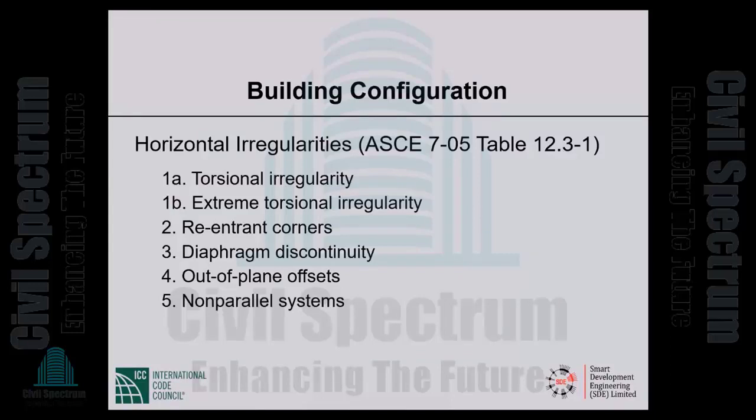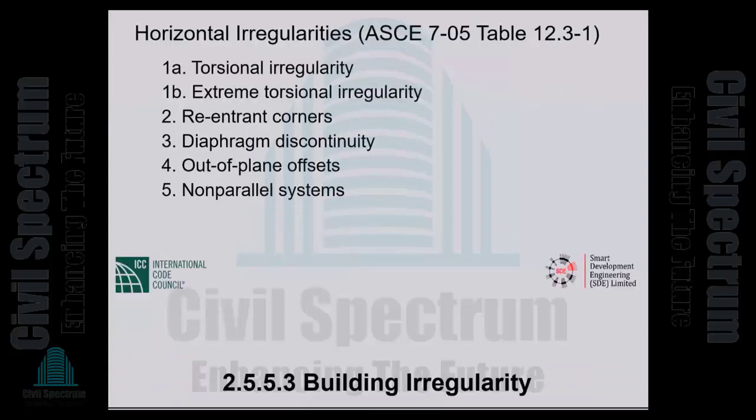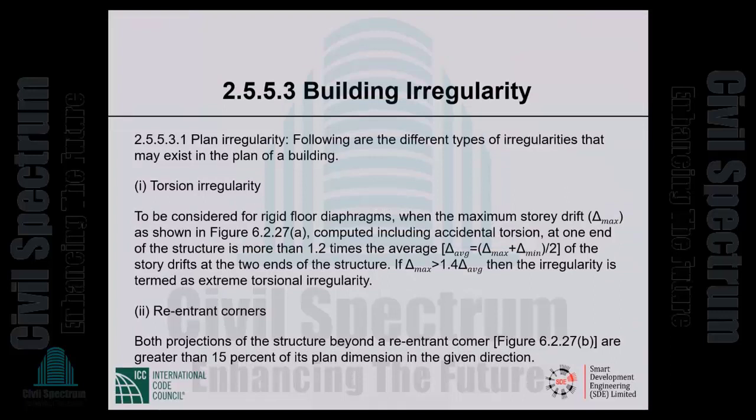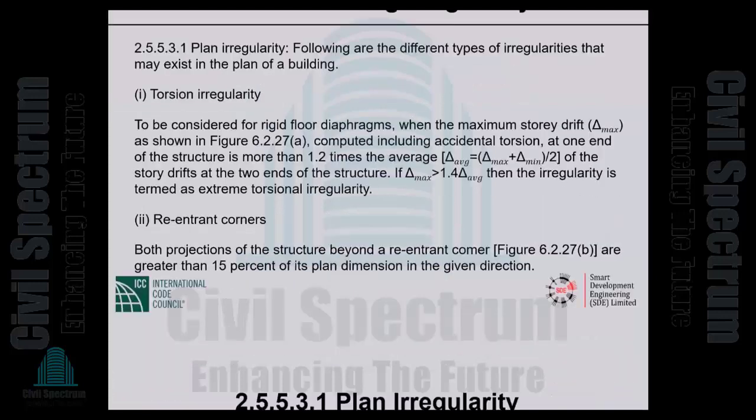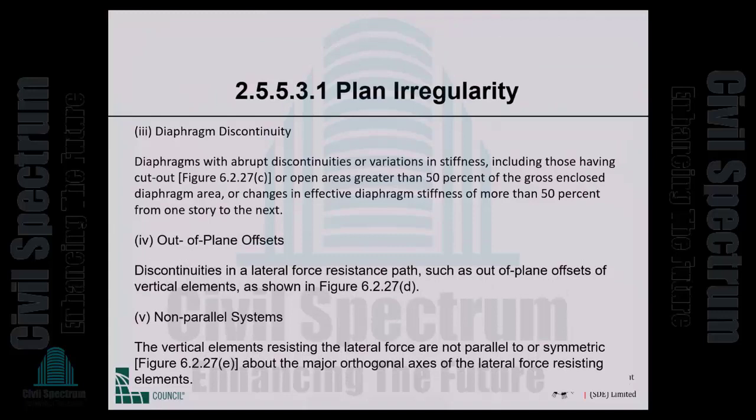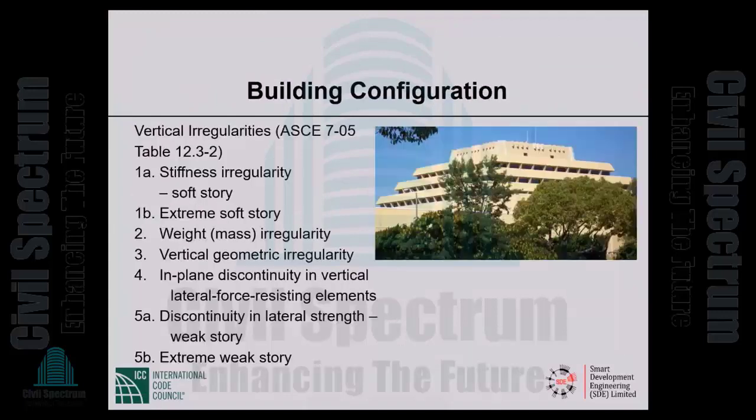Building configuration, horizontal irregularities: ASCE 7-05 table 12.3-1. The counterpart in BNBC 2020 is section 2.5.5.3. It gives you the same plan irregularities.